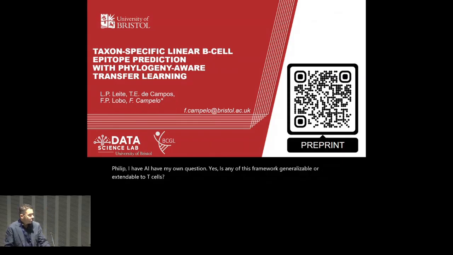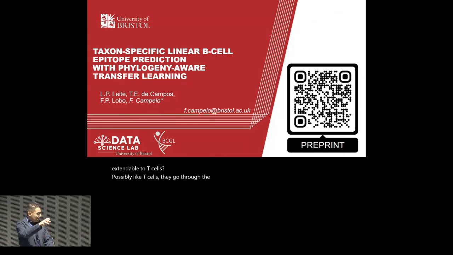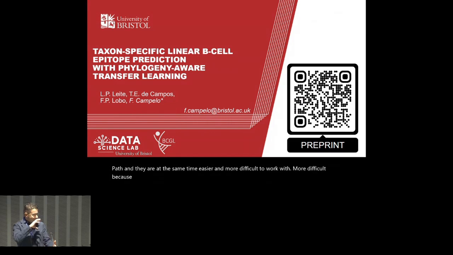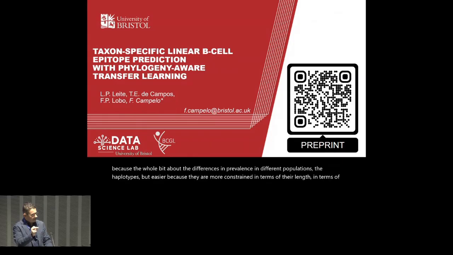Possibly. T cells go through the whole processing part, and they are at the same time easier and more difficult to work with. More difficult because of the differences in prevalence in different populations, the haplotypes, but easier because they are more constrained in terms of their length, certain properties, and the key residues.